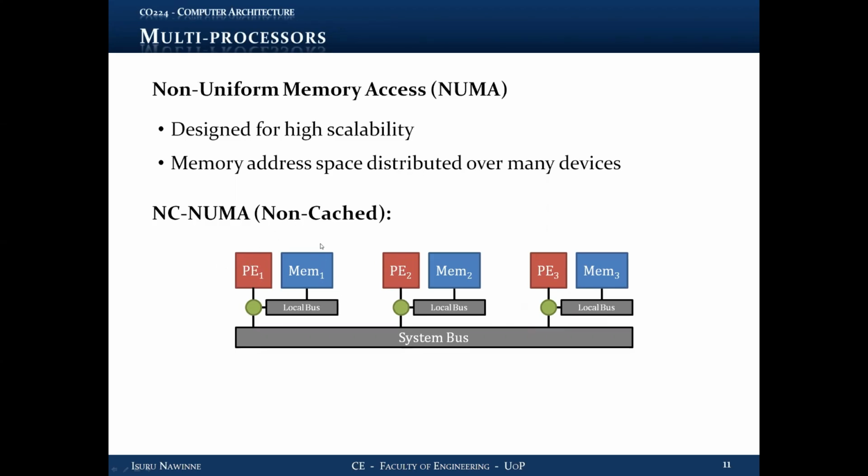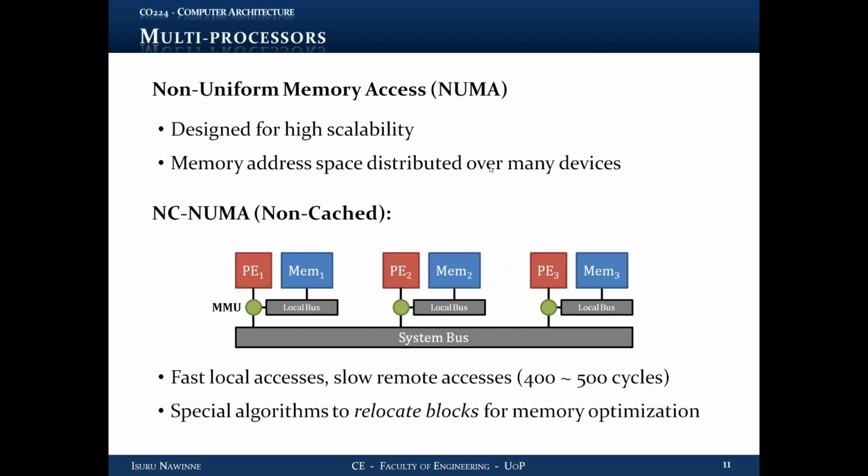Accessing local memory is fast, accessing remote memory is slow. So you have to have hardware devices called MMUs, memory management units, to synchronize the addresses coming from these remote processing elements, because the unified address space is now distributed across all these memory devices, right?